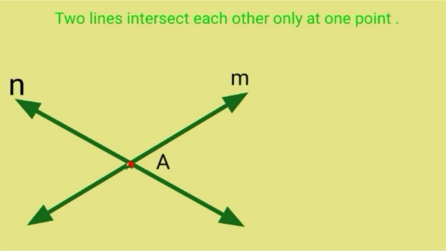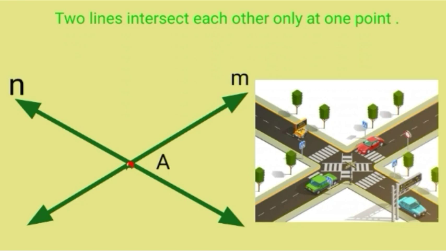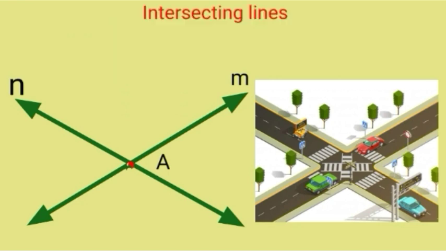Here line N and line M intersect at the point A. Can you think of some examples of intersecting lines from your daily life? In real-life situations, you observe intersecting lines at road junctions, isn't it? In this picture, you can see roads intersecting each other at a junction.